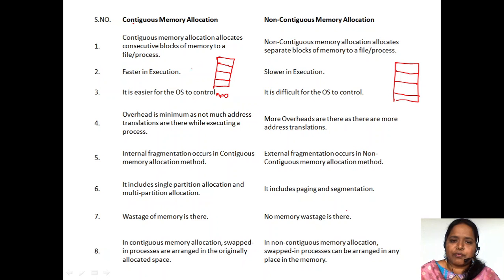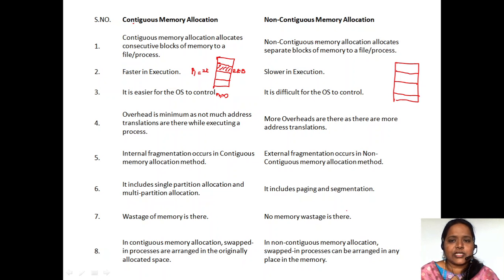Suppose P1 requires 2 KB of space, it will check where 2 KB is available. Suppose this 2 KB is available, so we allocate 2 KB here. That is contiguous memory allocation.